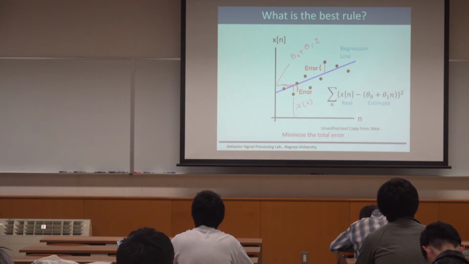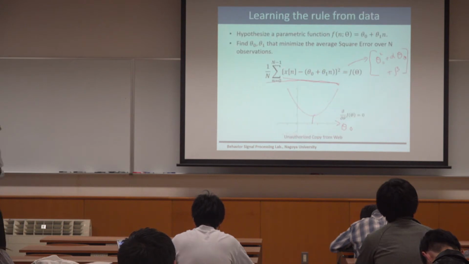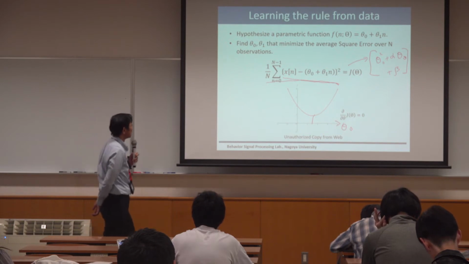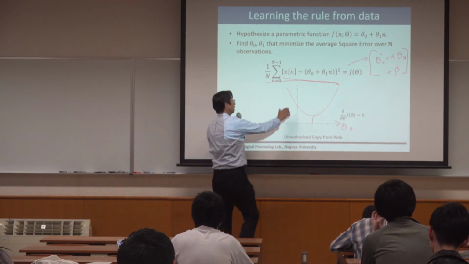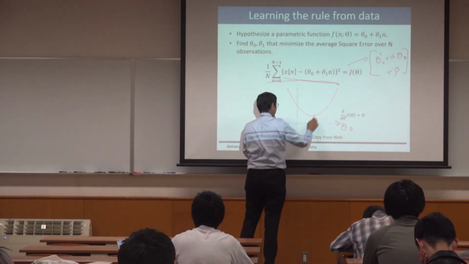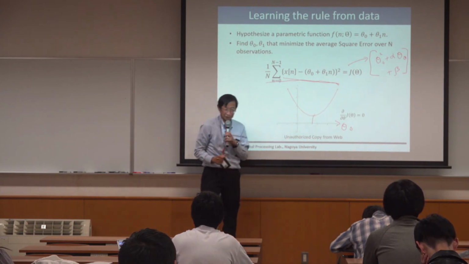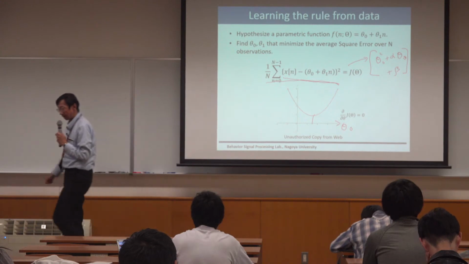It's very simple and clear. So I think you may easily understand why it becomes this, and why it is so easy to find a minimum, because that is a second order function.